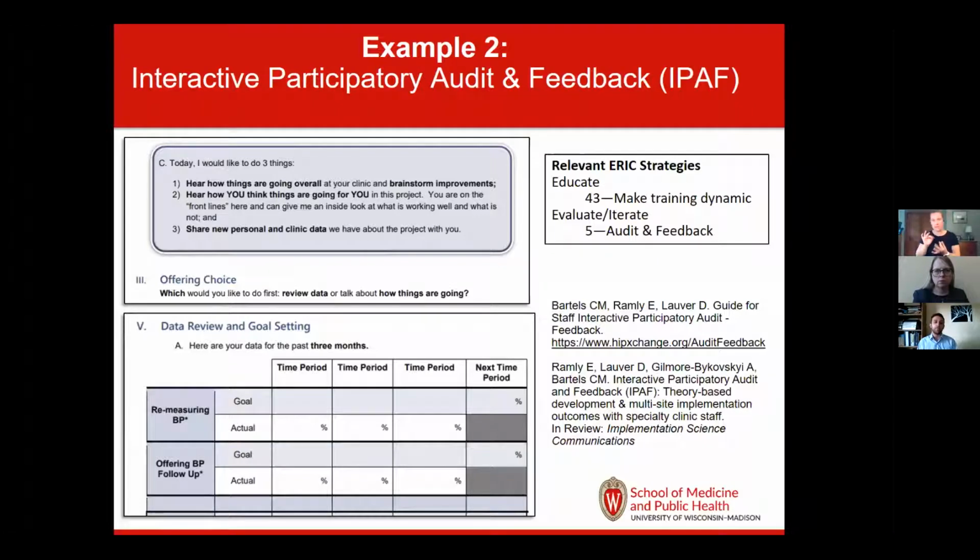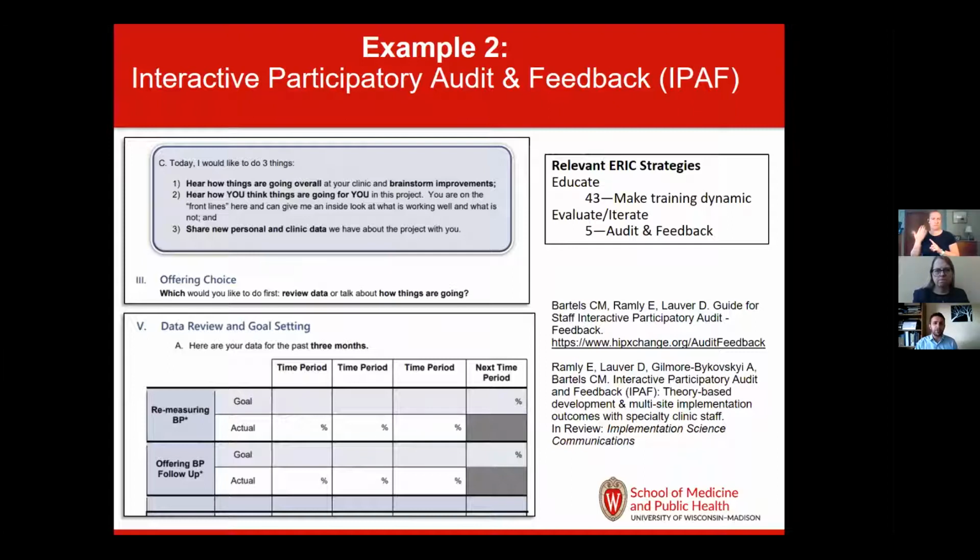We developed a guided audit and feedback tool that is available to download online at the link here. And we also have a paper in review providing in detail the reporting of the different components of the audit and feedback strategy and how they build on theory, which was a point that Dr. Damschroder made earlier this morning.